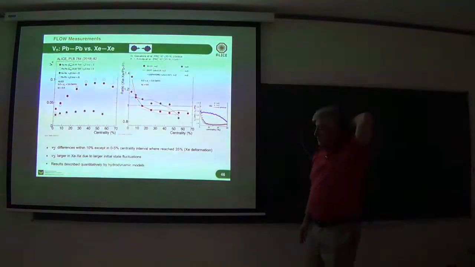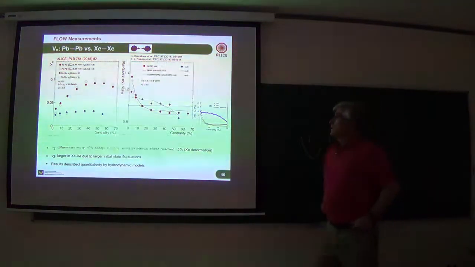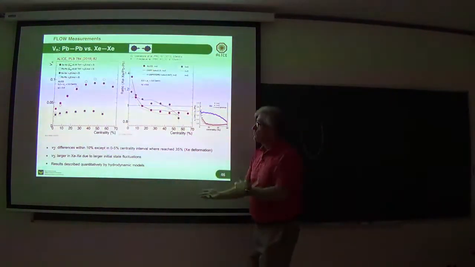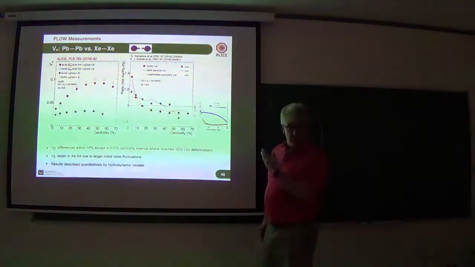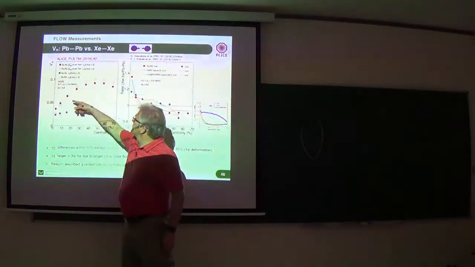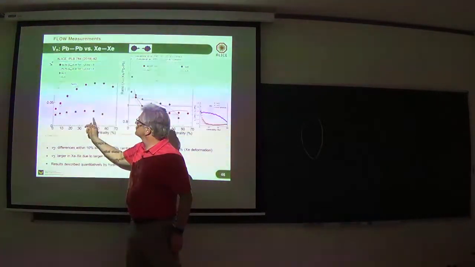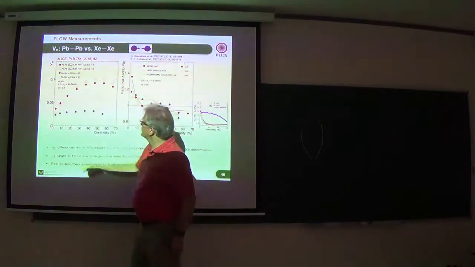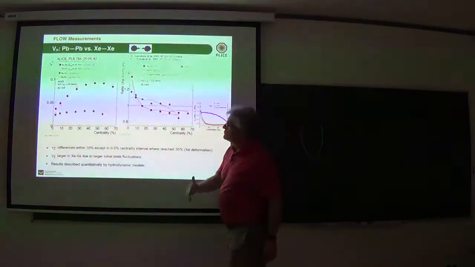These considerations were also done for xenon. I'm showing here the red points are xenon for V2, black points for V3, compared to the results in lead.